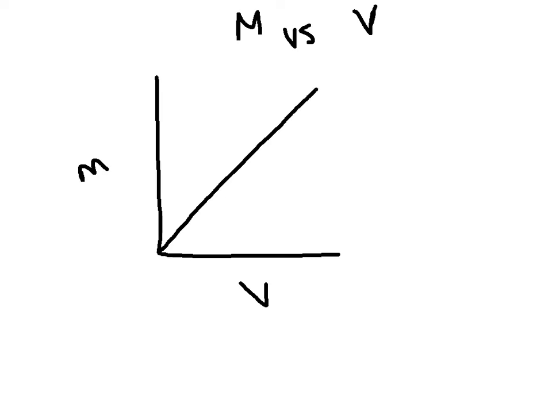An example of a substance that has a density of 1 would be water. Grams per milliliter. So the slope of this line says that 1 milliliter of water has a mass of 1.0 grams.